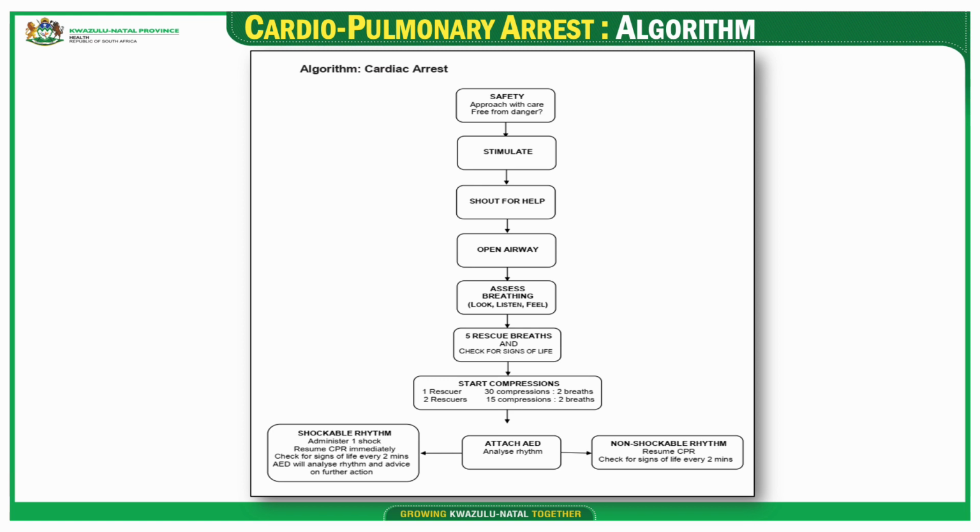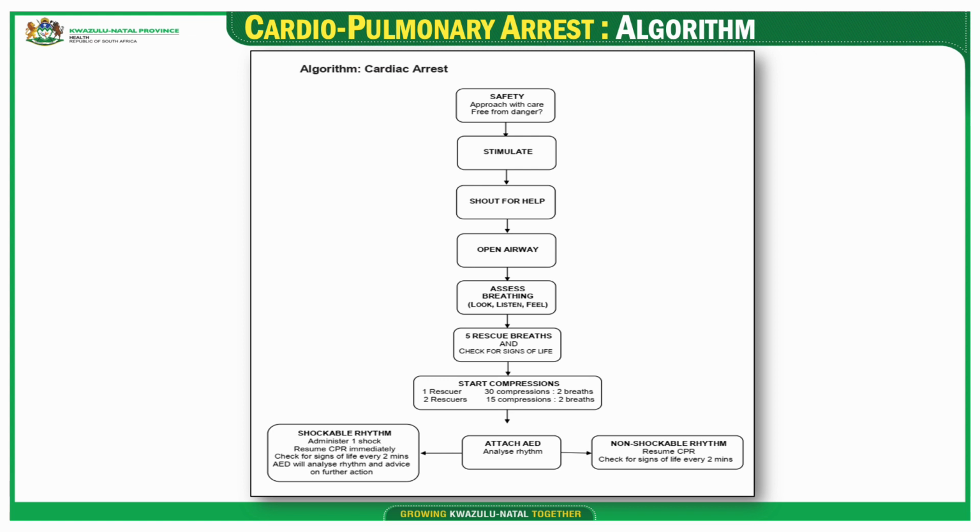If I'm a single rescuer, I'm going to do 30 compressions and 2 breaths. With 2 rescuers, 15 compressions and 2 breaths. At any point when you have your AED, you must attach it, especially after 2 minutes of CPR. You can then see if the AED analyzes a rhythm for you.